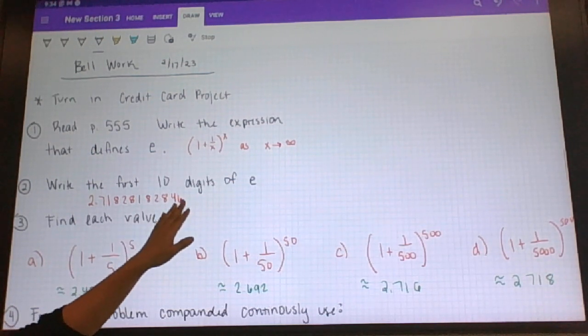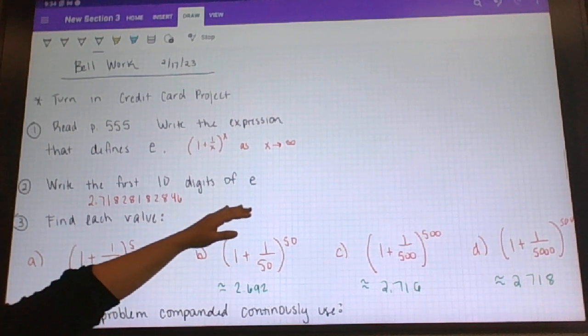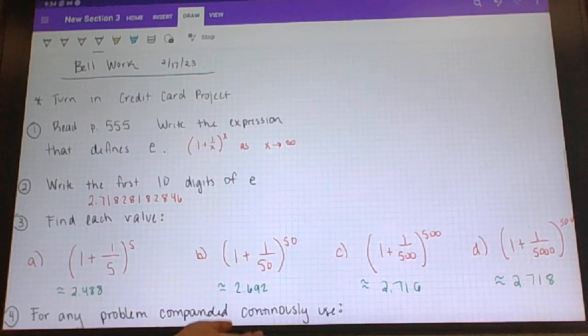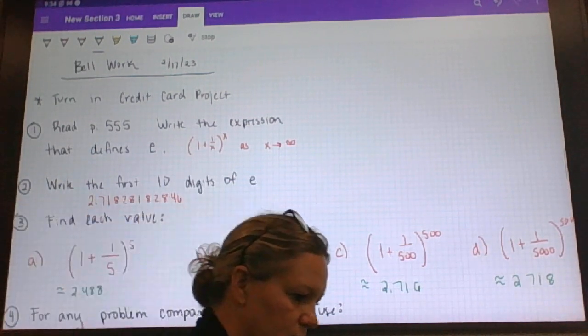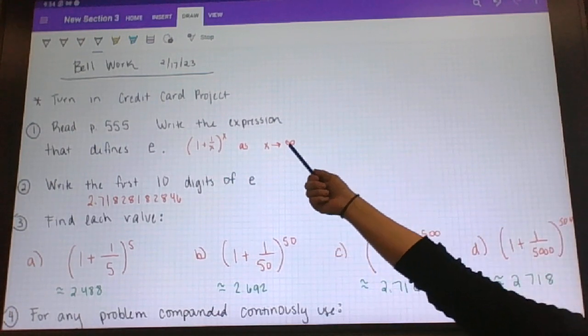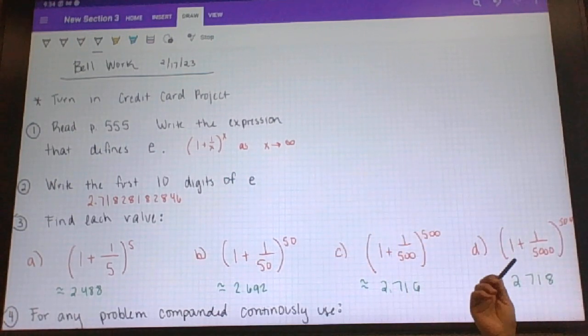These 10 digits, or as if it were to go on forever like pi. Just the highest number you could think of. You know? It says x approaches infinity. It doesn't end. So the higher you go, the more precise you are to that number e.